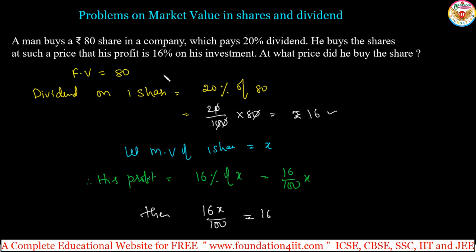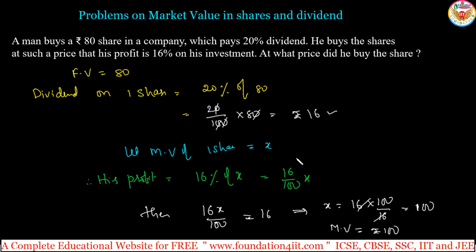So 16% of X is equal to 16. You can simplify this: X is equal to 16 into 100 divided by 16. Cancel, we get 100. Okay, so the man buys each share for rupees 100. So the market value is rupees 100.